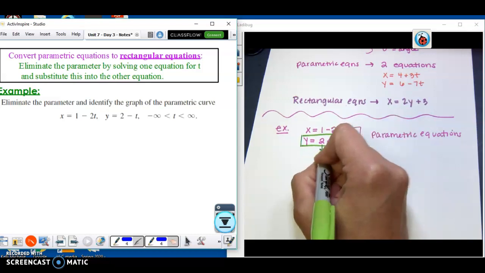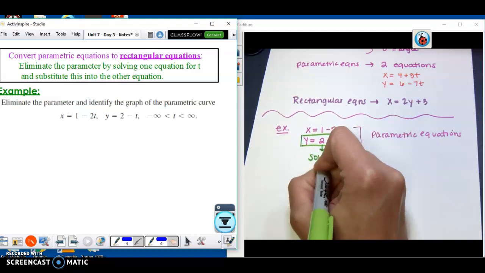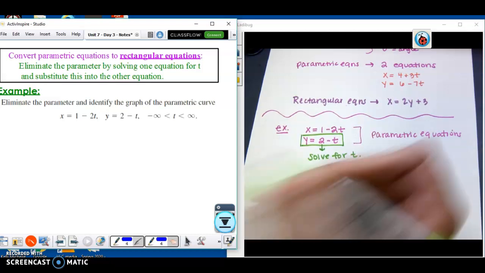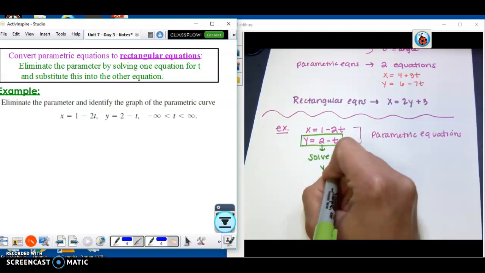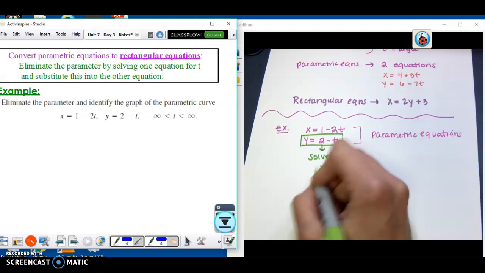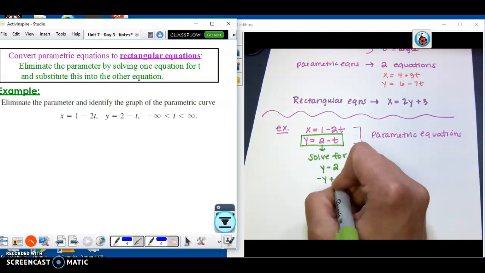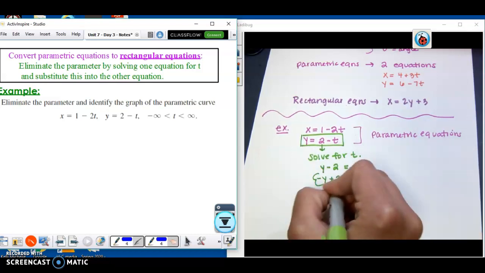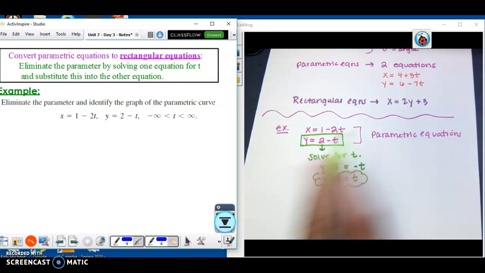So you're going to solve for the parameter. We have y minus 2 equals negative t, so negative y plus 2 equals positive t, and we can leave it at that. So your first step is to take one of your equations, preferably the easiest one, and solve it for the parameter, which in this case is t.